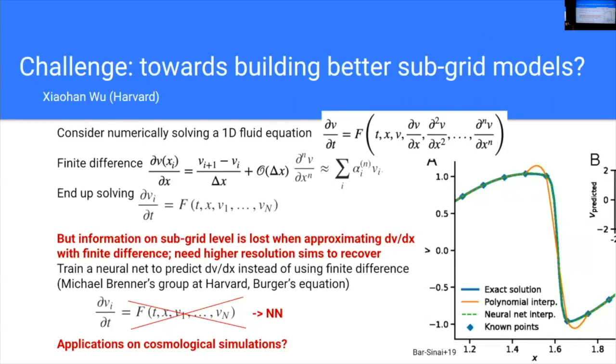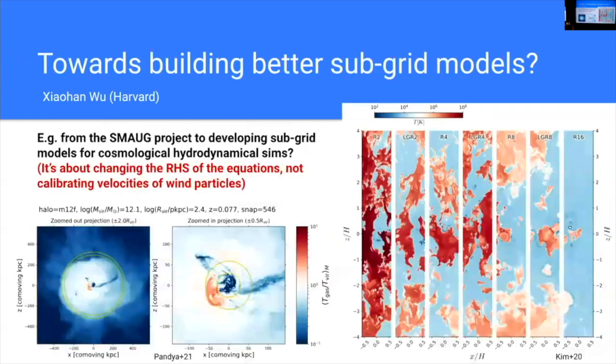And then my idea was, can we actually have applications of this on cosmological simulations of galaxy formation? So if you go to the second slide. Another motivation for bringing this up is that there are projects like the Smog Project going on here at the CCA.